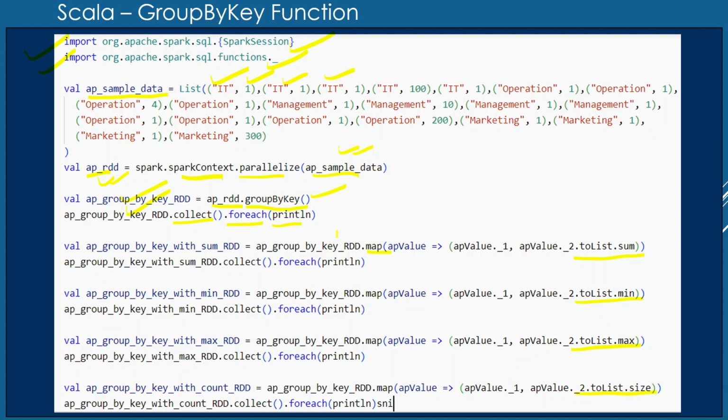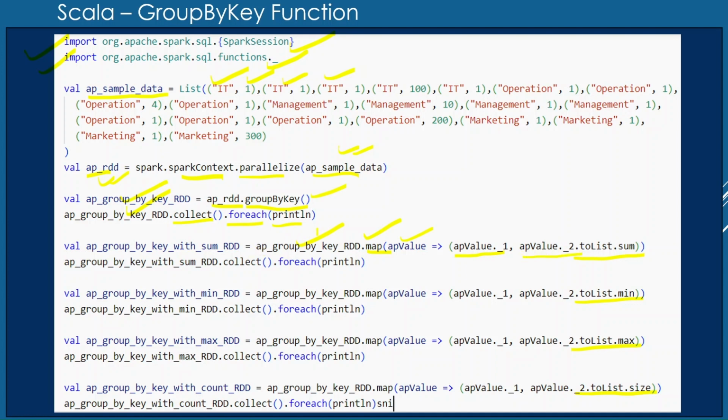So how am I doing this? On top of the RDD which we have created with the help of group by, I am calling this map function, and in this map function I am passing this value, because this is a key value pair.